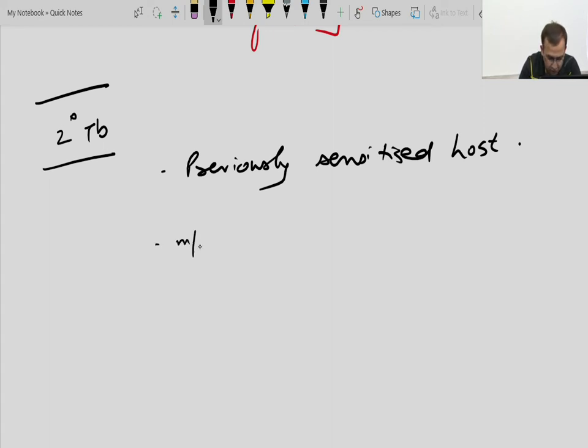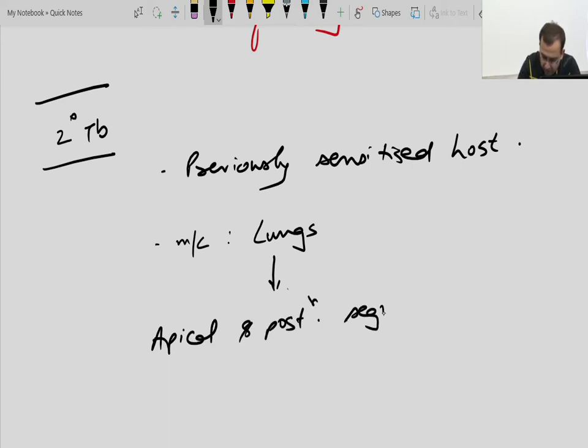The most common organ of involvement is again the lungs, and where in the lungs? The upper part. When we inhale air, more air goes to the upper part of the lung. So the most common part is the apical and posterior segments of the upper lobe.